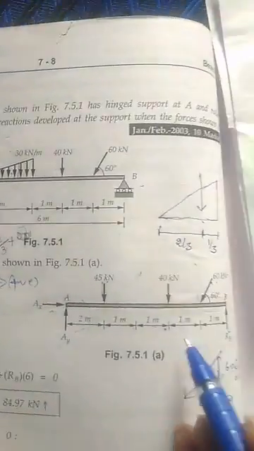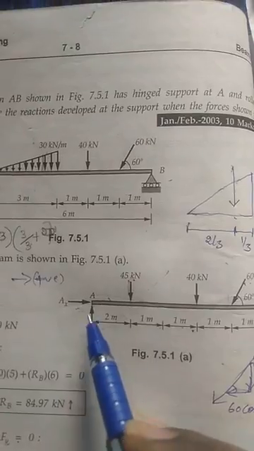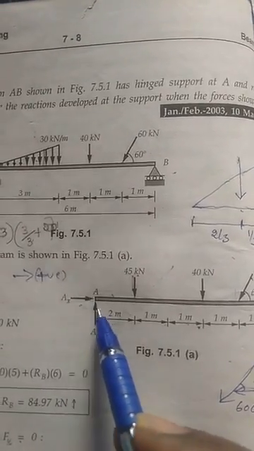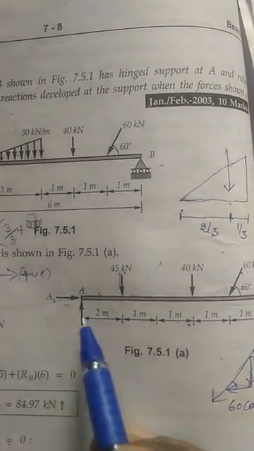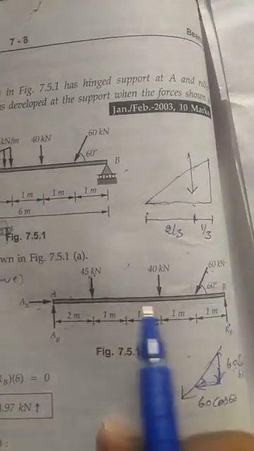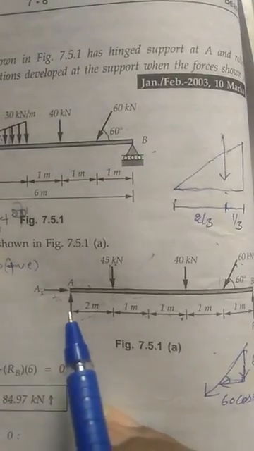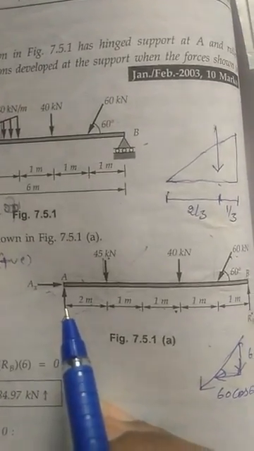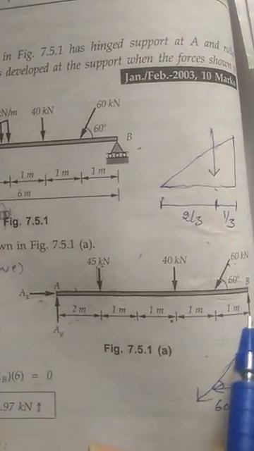Okay, next, to make it easy, because two forces are there, you nullify them. To find RB, it is better to take the moment at A. After finding the moment at A, you will get RB.